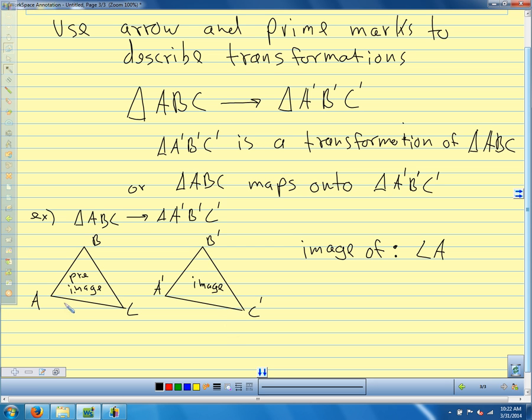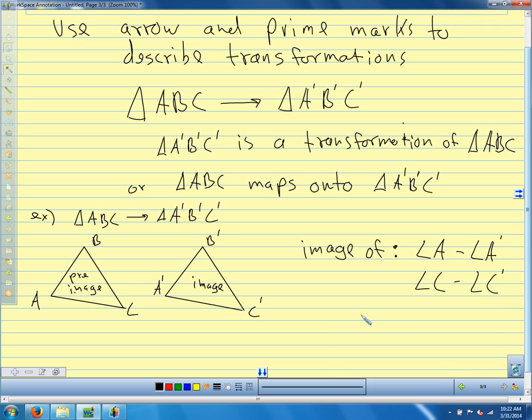So it's asking, what does angle A transform into? The image of angle A is angle A prime. After I translate it over here, it turns into that angle. How about the image of angle C? What would that be? C prime, angle C prime.